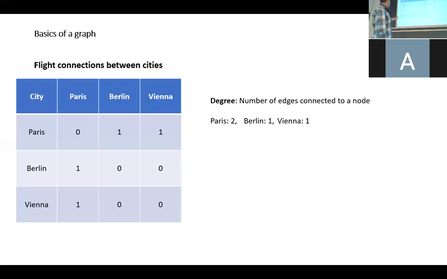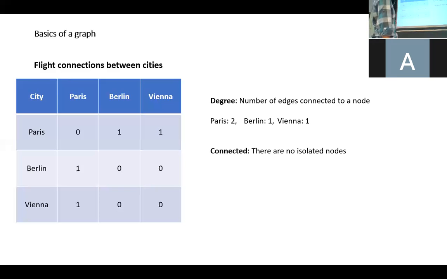In this example, Paris has a degree of 2, because if I sum this row, it gives me how many cities Paris is connected to. Berlin is only 1, Vienna is only 1. This means Paris is better connected than the other two. If you want to go from Berlin to Vienna, you have to go to Paris first and then Vienna. So this gives you an idea about connectivity.